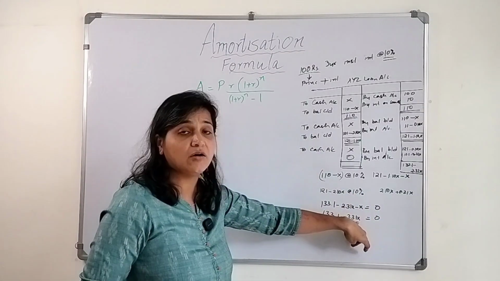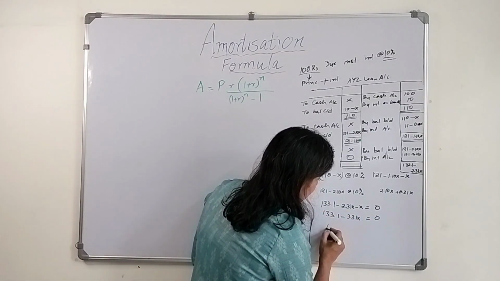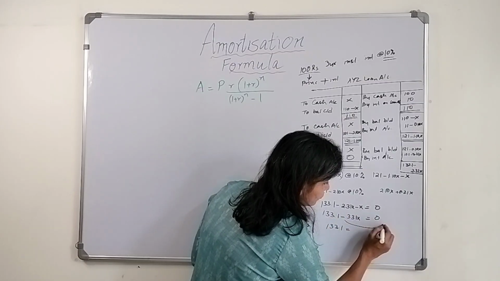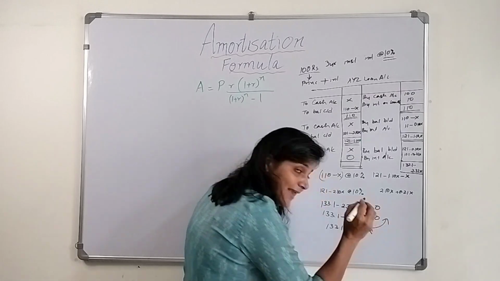Now I don't know how much the X amount is, so what will we do? We will do simple maths. 133.1 equals 3.31x, taking it over to the other side where it becomes positive.